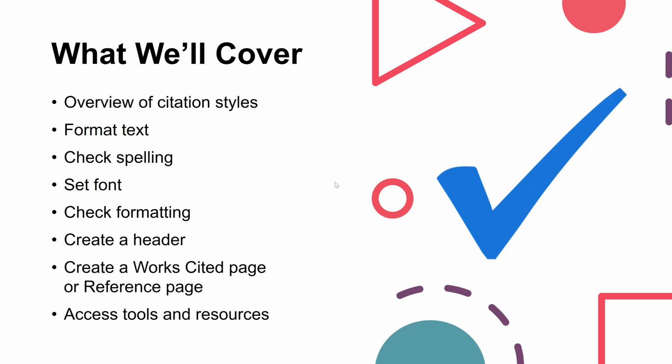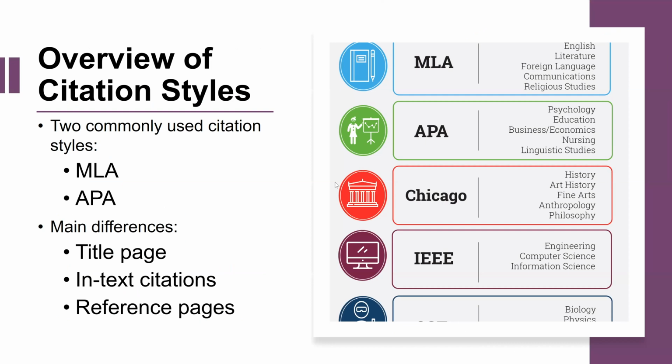We're going to talk about creating a header, or what's called a running head, because that is commonly used, and also creating a works cited page or reference list. They're called different things for different types of citation styles. And then finally, I'm going to give you a few tools, a few resources. There are a lot out there, so I'd like to share a few with you that I have found useful over the years.